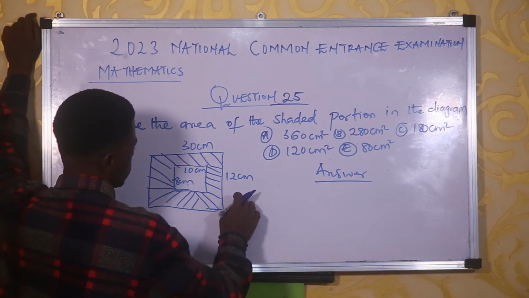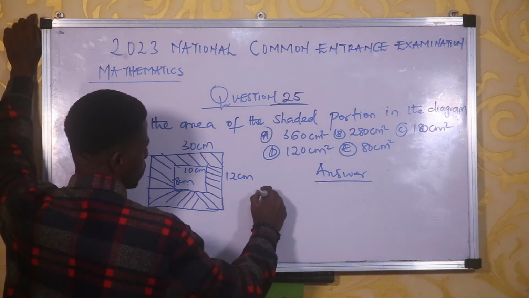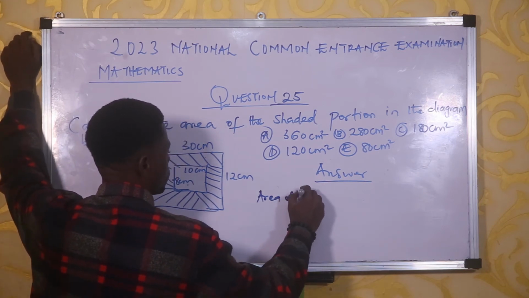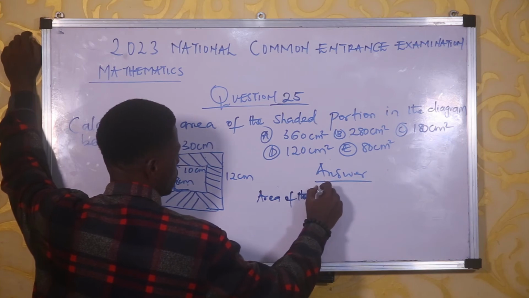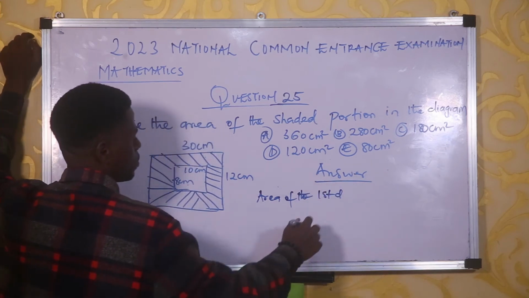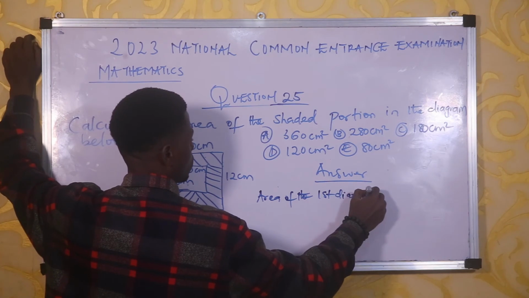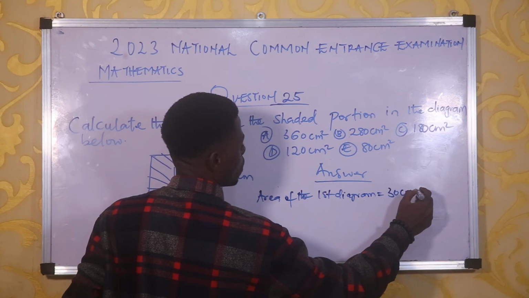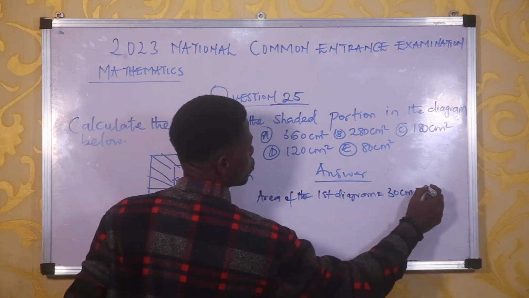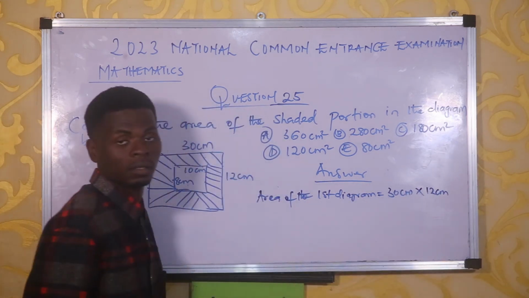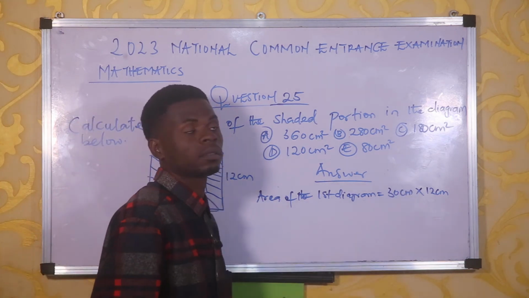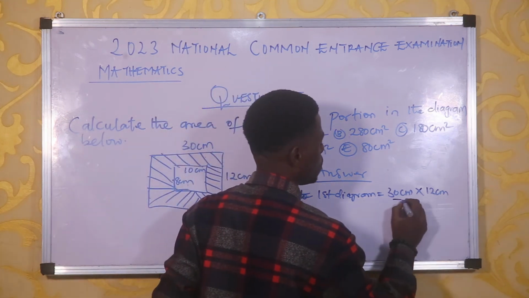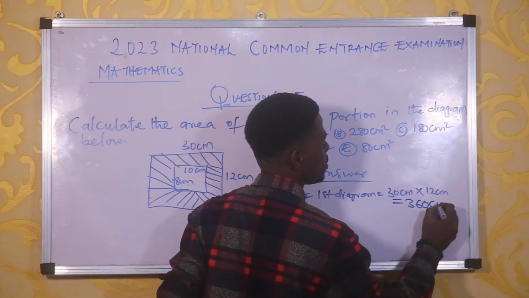First, the area of the first diagram is 30 centimeters times 12 centimeters. 30 times 10 is 300, and 30 times 2 is 60, giving us 360 centimeters square.